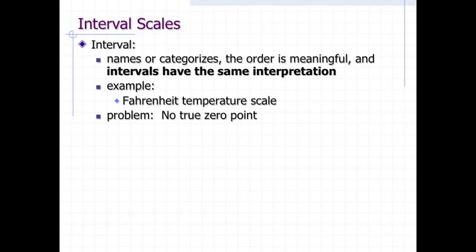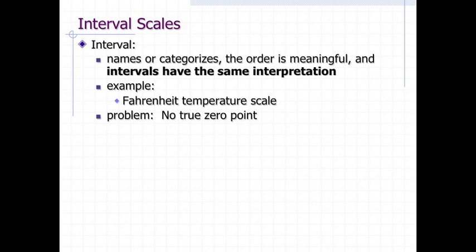As an example, consider the Fahrenheit scale of temperature. The difference between 30 degrees and 40 degrees represents the same temperature difference as the difference between 80 degrees and 90 degrees. This is because each 10-degree interval has the same physical meaning in terms of the kinetic energy of molecules.